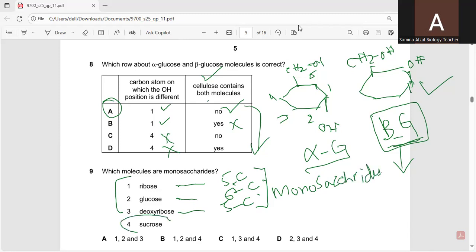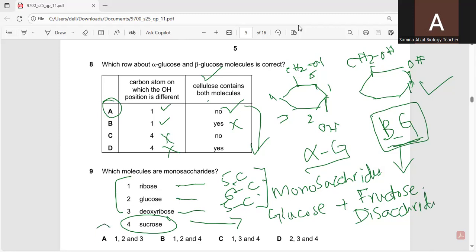Whereas sucrose is made up of glucose and another sugar, so it is a disaccharide.